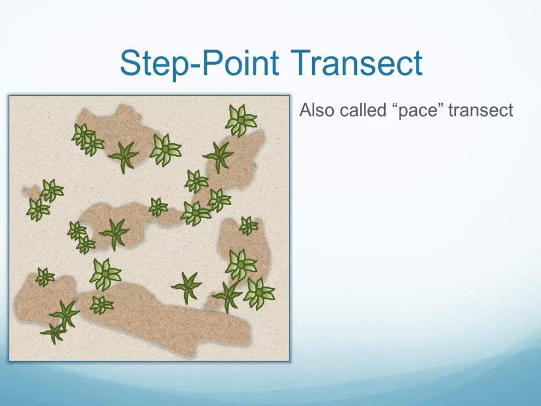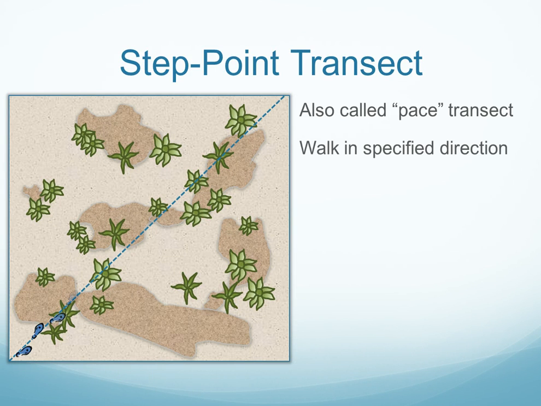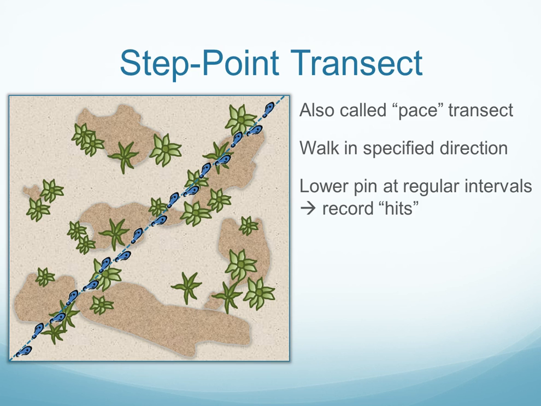So let's look at another approach, which is a step point transect. This is also called a pace transect. In this case, we determine to walk in a specified direction, and we take measurements at regular intervals where we record the hits.